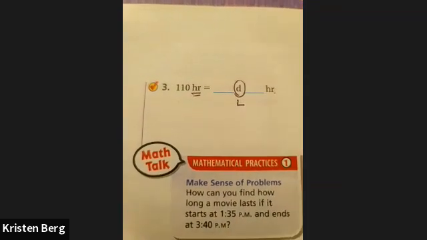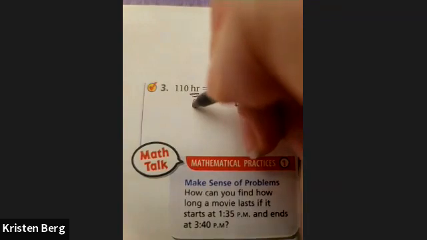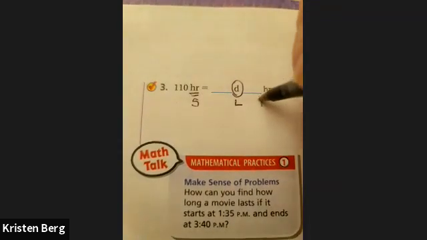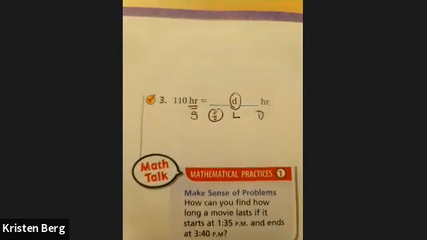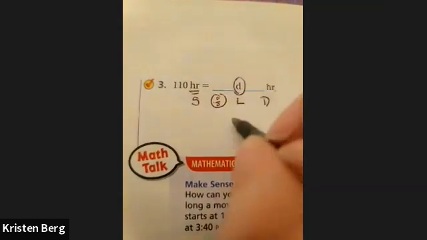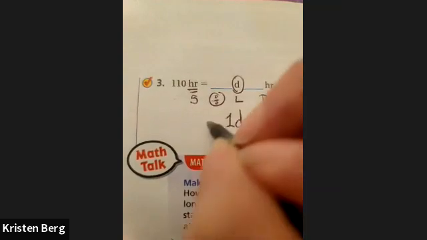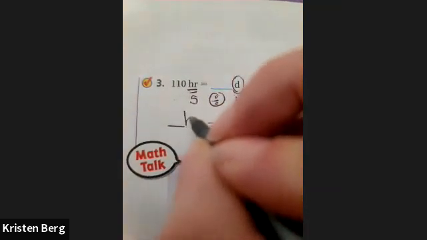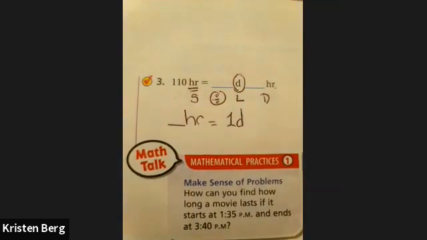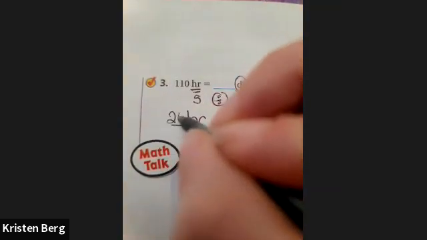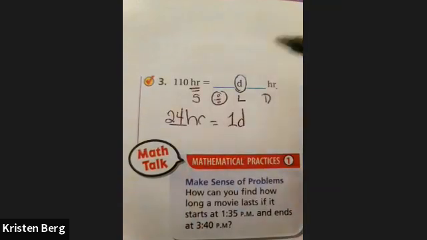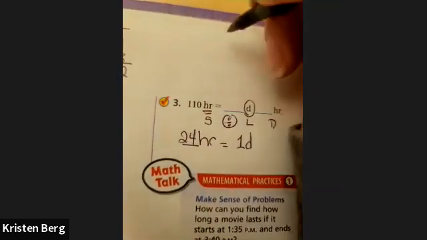It is definitely a day. So that's your large. So this would be your small. So you're going to be spelling out the word sold, which is divide. Okay, so 1 day equals how many hours? So this would be how many hours are in a day? There are 24. So therefore, you would do 110 divided by 24.